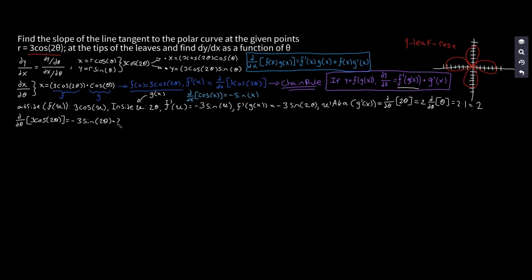So that's what we found to be 2. Okay, and then that's going to result in negative 6 sine of 2 theta.